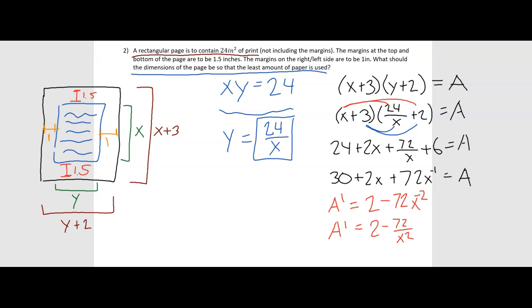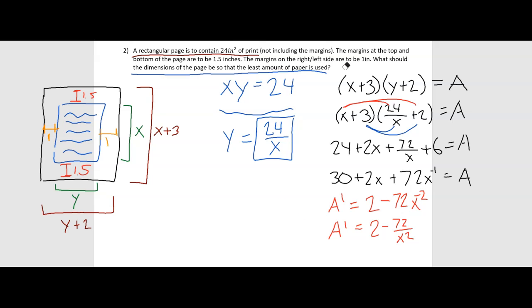However, I can't have 0 for a length, right? So that's not going to be in the domain of what my possible values could be. So even though the derivative is undefined at x equals 0, that's not a possible solution. So I'm just going to need to figure out where the derivative is equal to 0.